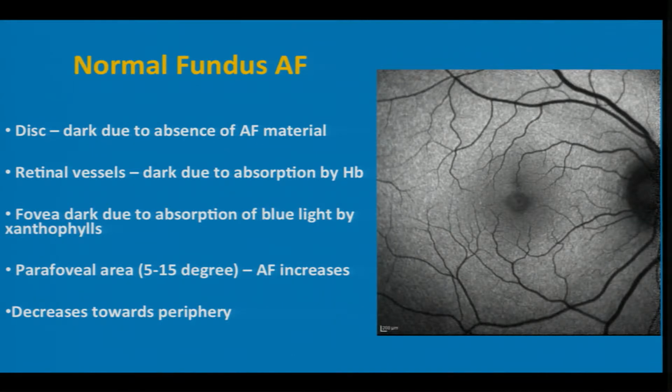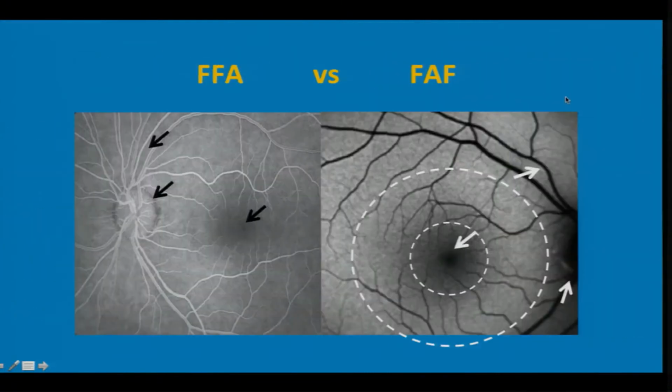Now what does a normal autofluorescence image look like? The disc is usually dark due to the absence of autofluorescent material. Retinal vessels appear dark because the light thrown on the retina is absorbed by the hemoglobin. The fovea appears dark due to absorption of blue light by the xanthophylls. The parafoveal area shows increased autofluorescence, and this again decreases towards the periphery.